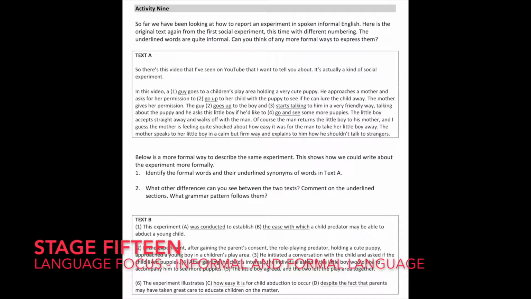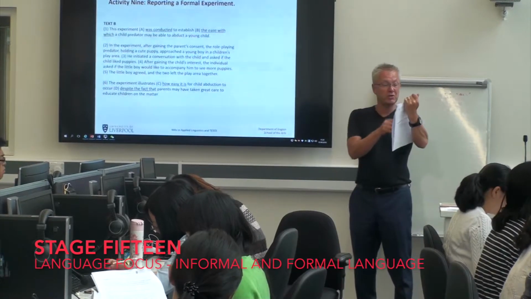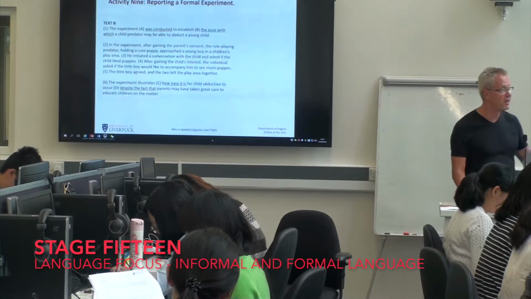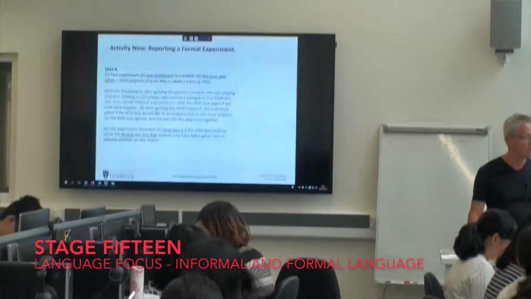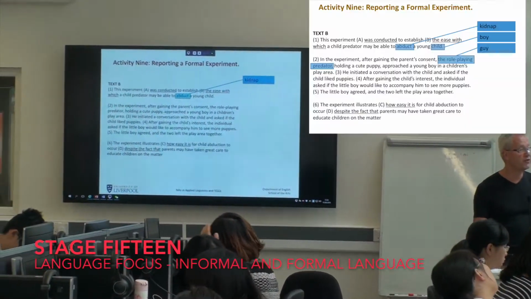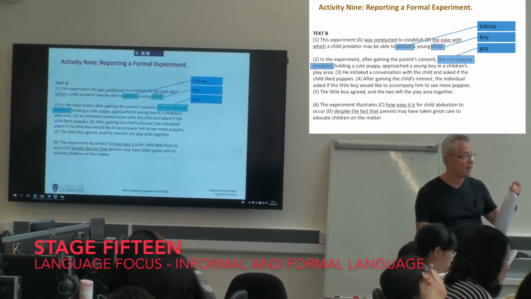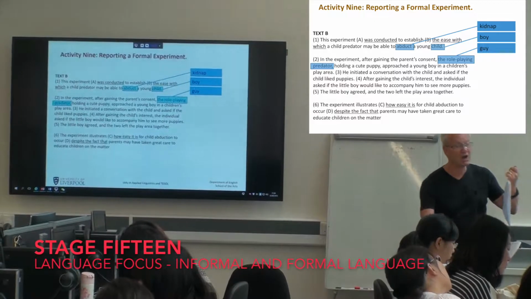So what I want you to do first of all is read the two and identify the differences. Especially in text A, I've underlined some words, like number 1 is guy, okay? Or videos that I've seen. So we can see here we've got this formal word kidnap, we've got child as boy, and we've got predator as guy.